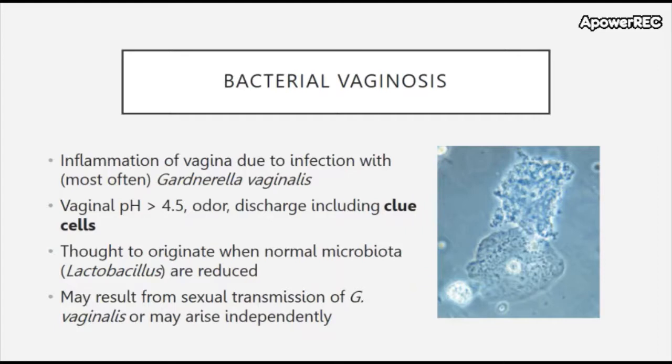Clue cells are cells of the vaginal epithelial lining that are covered in a biofilm comprised mostly of G. vaginalis. It's thought to originate when normal microbiota, mostly our lactobacillus, are reduced in numbers. It may result from sexual transmission of G. vaginalis or may arise independently.